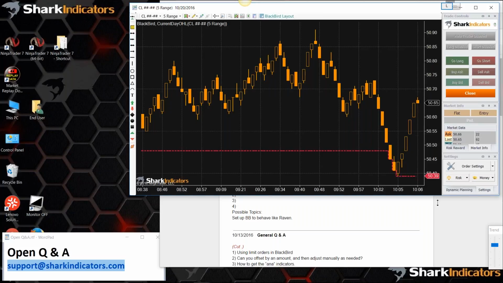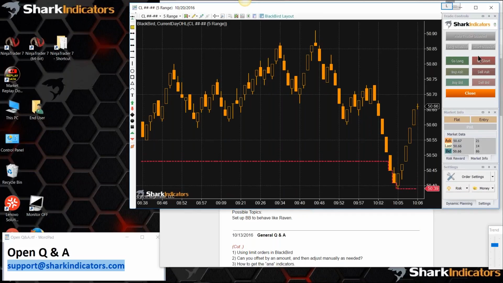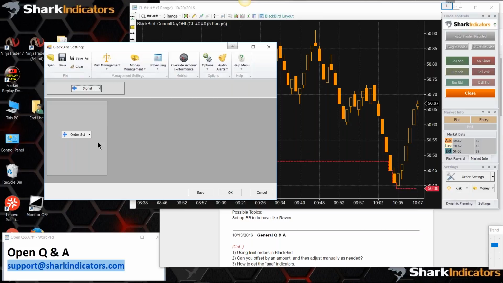The reason is that BlackBird hasn't been programmed yet with any kind of order settings. If we go into the order settings, we'll see that there's no order set. It's empty. So of course you can't use the trade controls if there's no order set.